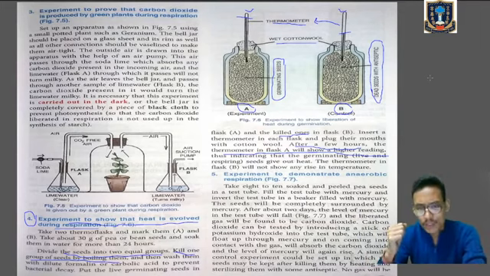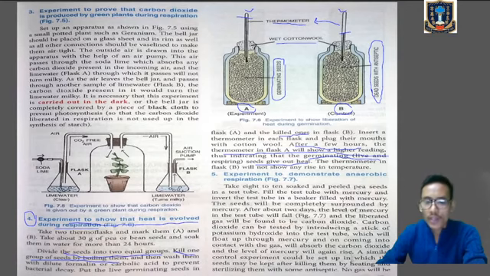So this proves that the germinating or live seeds give out heat during respiration, whereas the thermometer in flask B will not show any rise in temperature. So this proves that germinating seeds produce heat during the process of respiration.